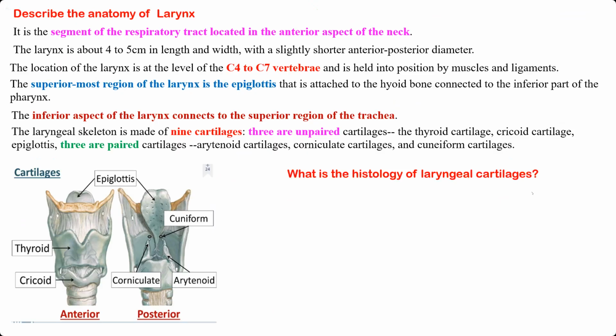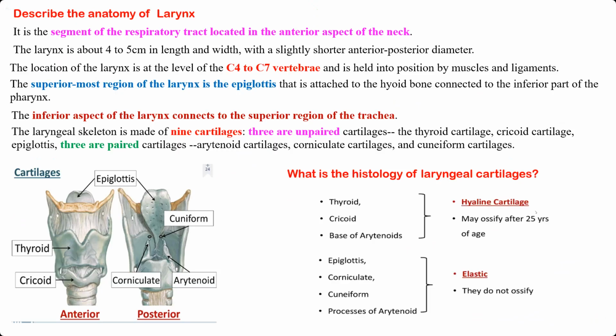What is the histology of laryngeal cartilages? What is the difference? Are they different from the other cartilages? You have cartilage in the rib, and you have cartilage in the bones of the limbs also before they become ossified. There are hyaline cartilages and elastic cartilages.